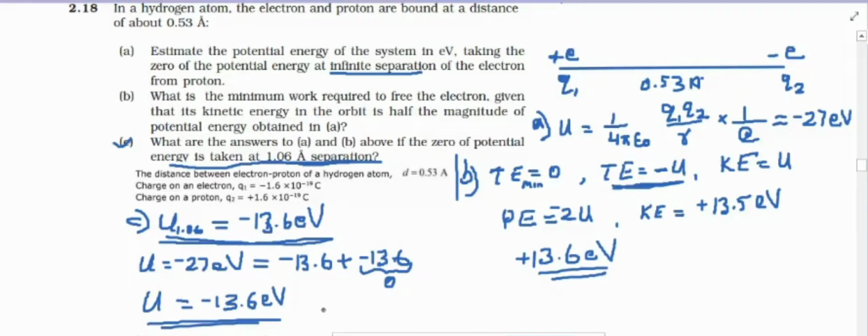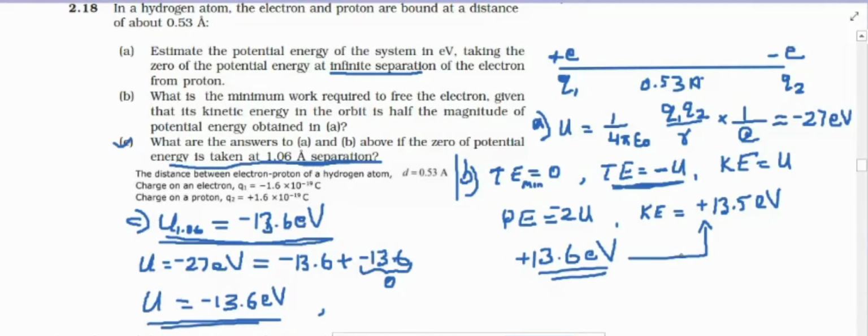Okay. Now what happens to the answer to part B? In part B, I told you that you have to give energy to the electron equal to the kinetic energy of the electron. Then total energy becomes 0, so that you can make the electron free. And think about kinetic energy. Kinetic energy depends on mass and velocity. It does not depend on our reference point.